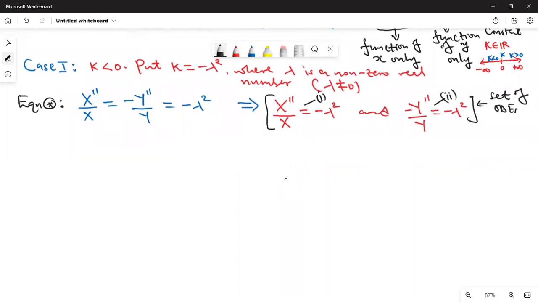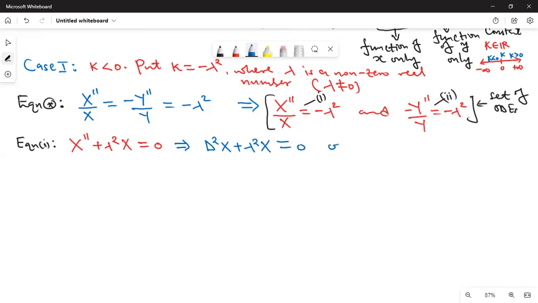So let's start by solving equation 1. If you cross multiply, that equation can now be written as x double prime plus lambda squared x equals 0. In terms of the D operator, this can be written as D squared operating on x plus lambda squared x equals 0.